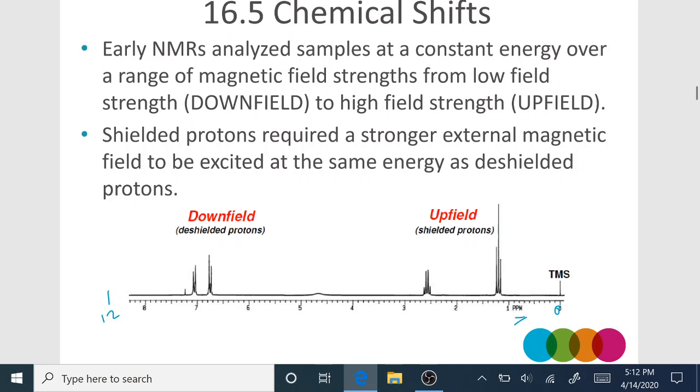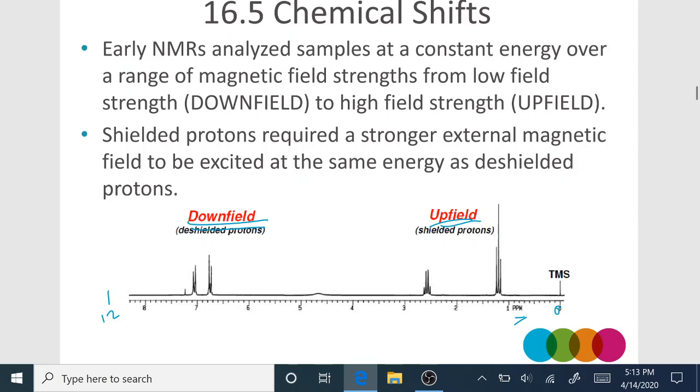But the way that we consider chemical shift is we call these signals here toward the 0 end upfield, and we call the signals here toward the 10 end downfield. And that has to do with the way the original instruments were calibrated, and you actually had to turn a dial to get them to change.